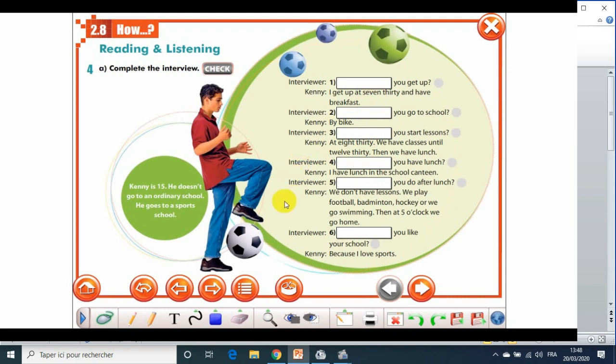Okay, think of it. You take a pen and a paper or your exercise copybook and you write this. I think it's on page 43. Okay, a few minutes and we do the exercise.